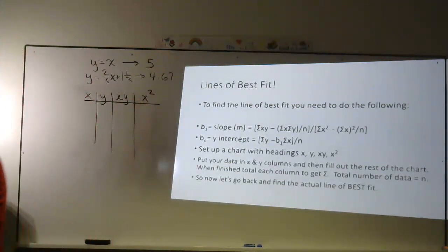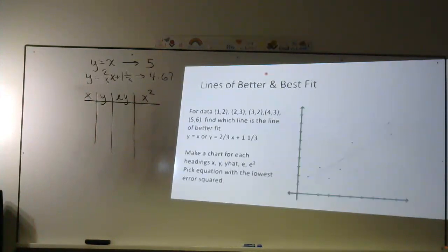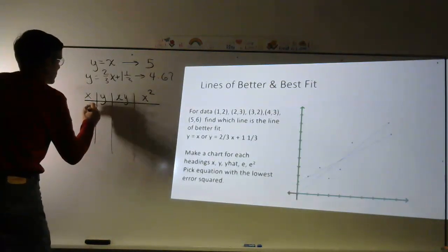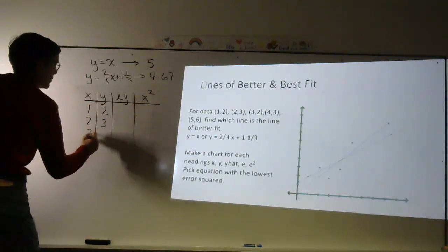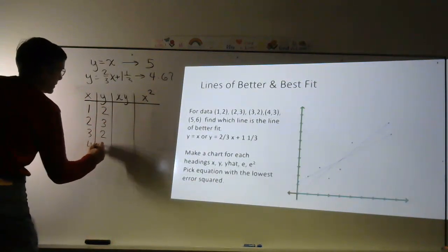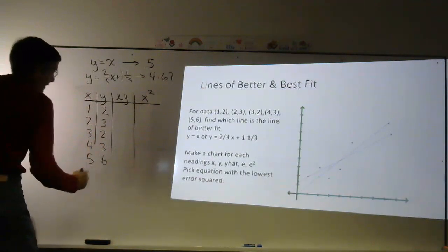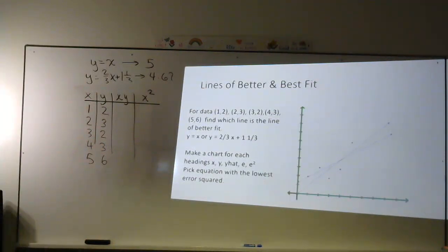And now, once again, we need the data. I'm going to have to back up and get my data. Once again, it is 1 and 2, 2 and 3, 3 and 2, 4 and 3, 5 and 6.